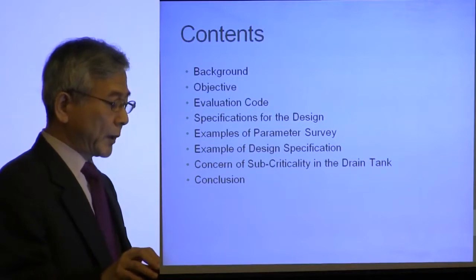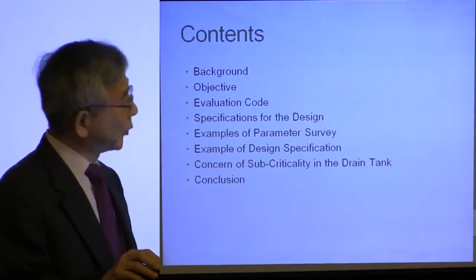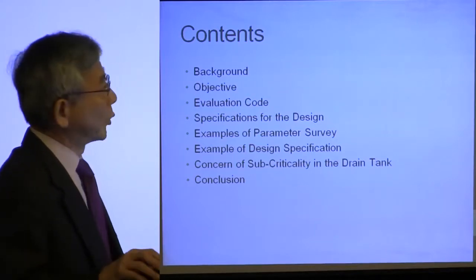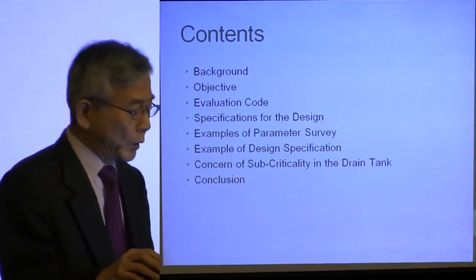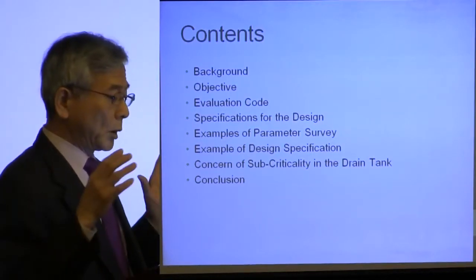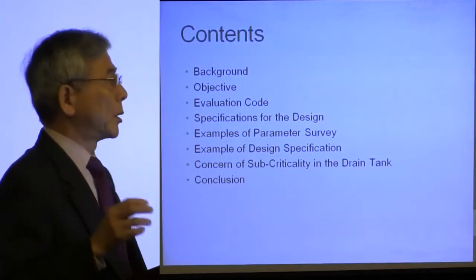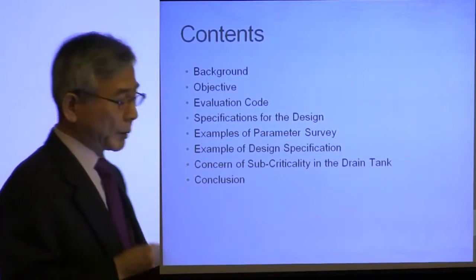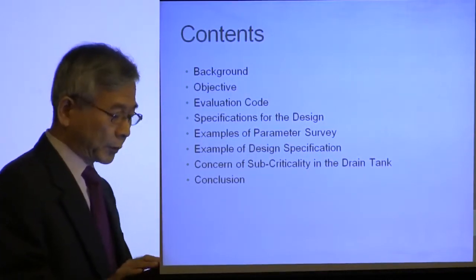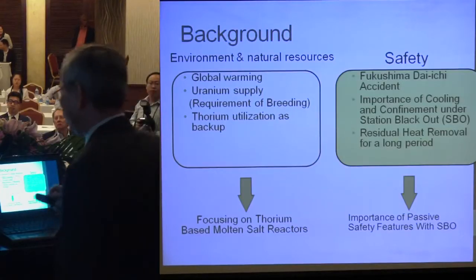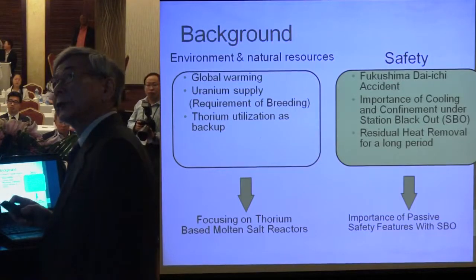And finally, I'll explain the concern of subcriticality in the drain tank, because we are going to use water coolant. Water coolant is a good moderator for the nuclear reactor system, so we have to check the subcriticality. And finally, the conclusion.